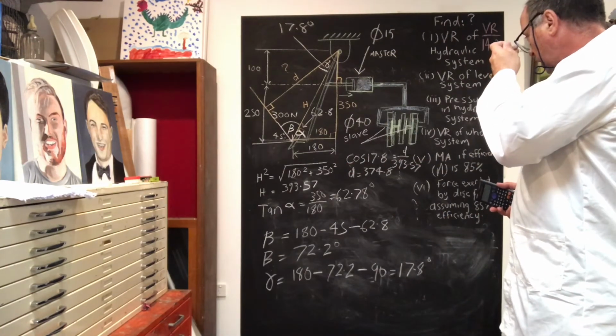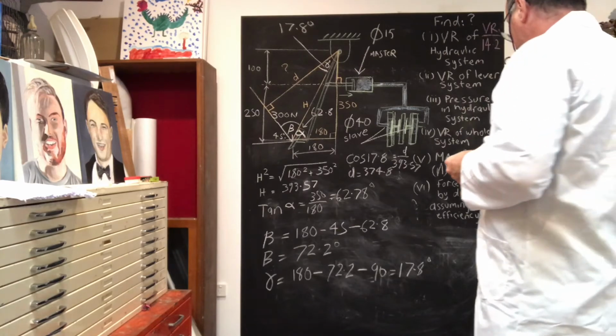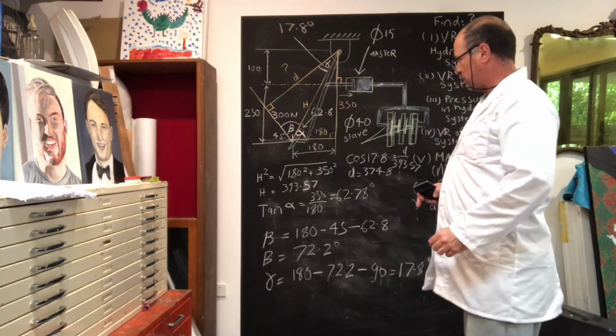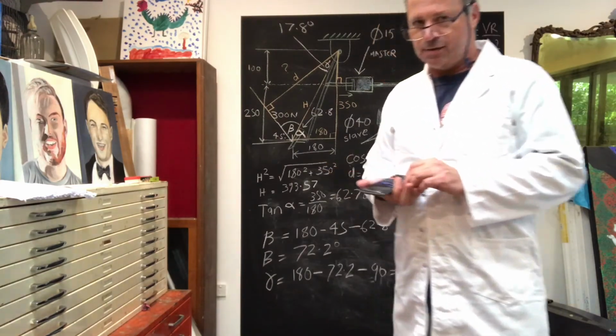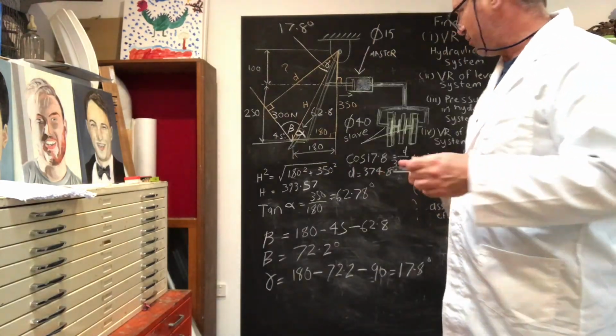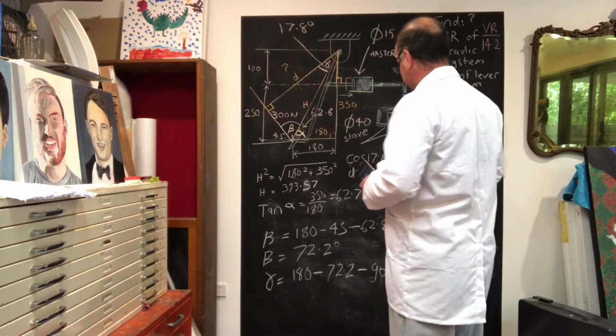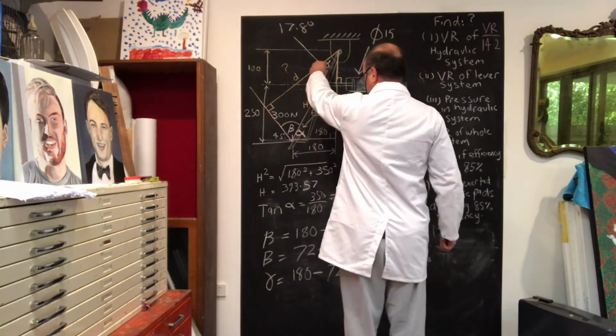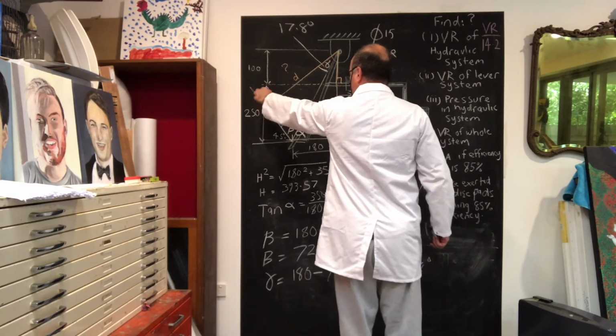So now if we're trying to work out our velocity ratio of a lever system, what is our distance effort over our distance load? Okay, so this is our distance effort, which we calculated.